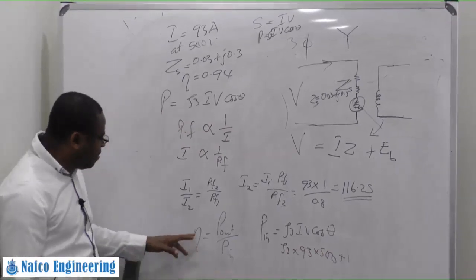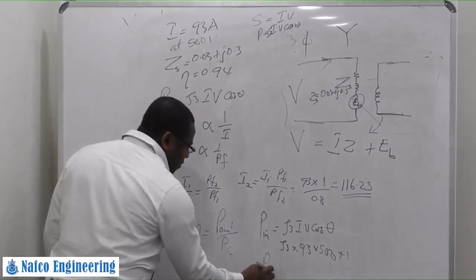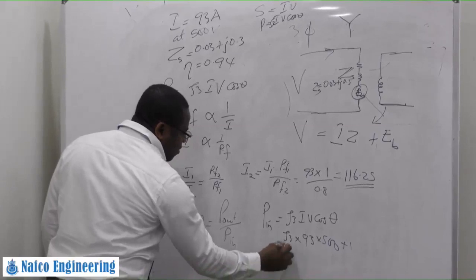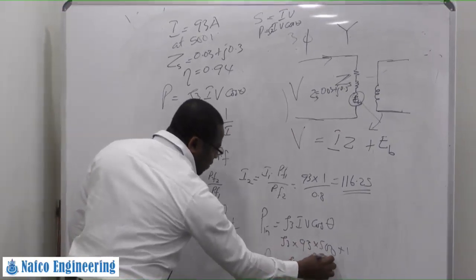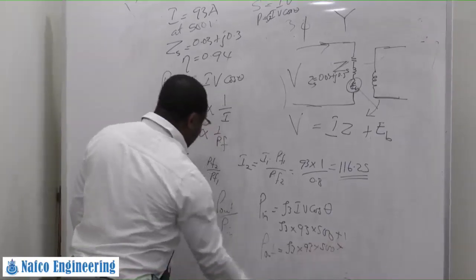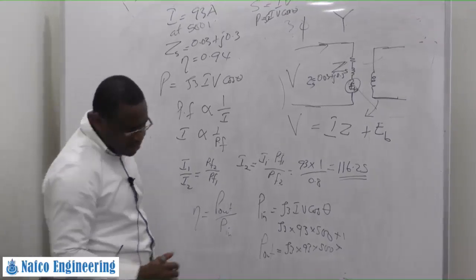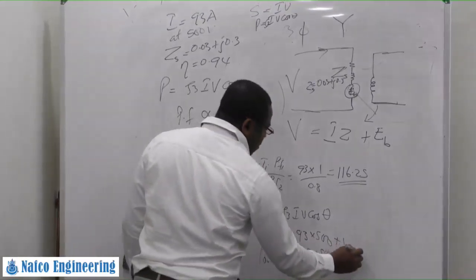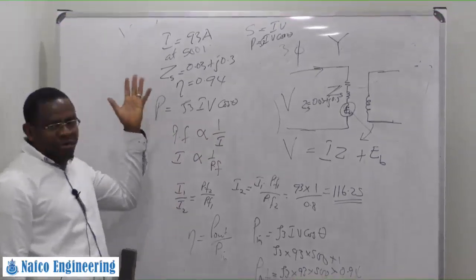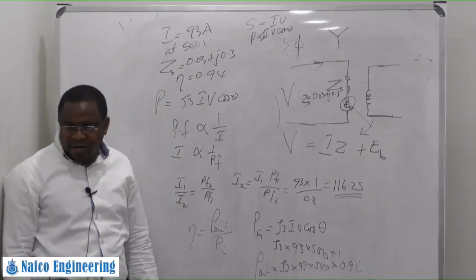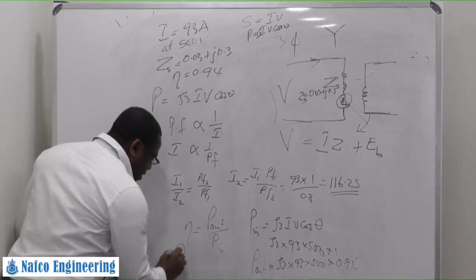So now you just multiply this by that. To get power developed, P out will be whatever you have here, √3 by 93 by 500 by that efficiency of 0.94. This is the power that will be developed when it's operating at a power factor of 1. Power developed.